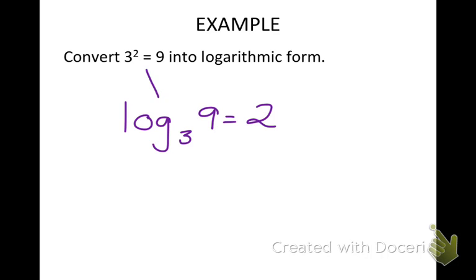So this is the conversion back and forth between exponential and logarithmic. So I'm thinking 3 to what power is 9? 2. 3 squared is 9, right? So reconverting, your base goes into the basement. Your exponent goes to the right. The number by itself goes next to the log. So you need to be able to easily convert between exponential and logarithmic forms, both ways.